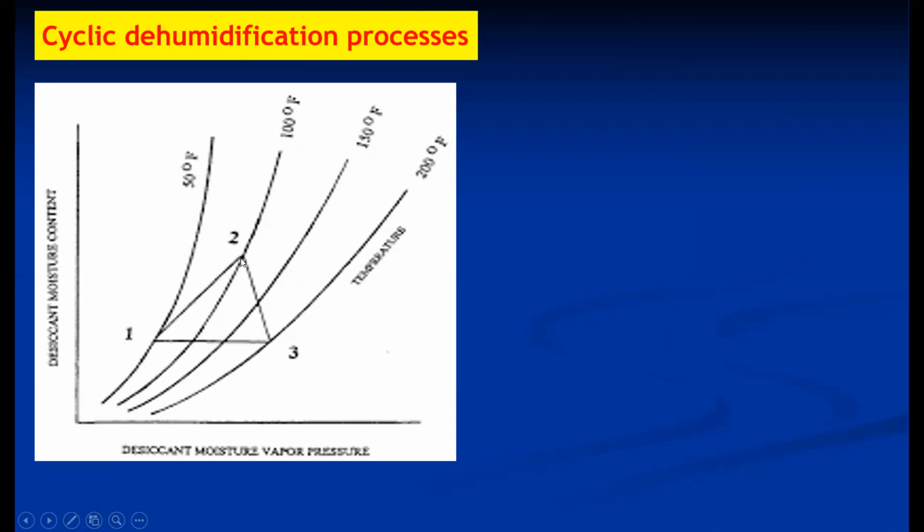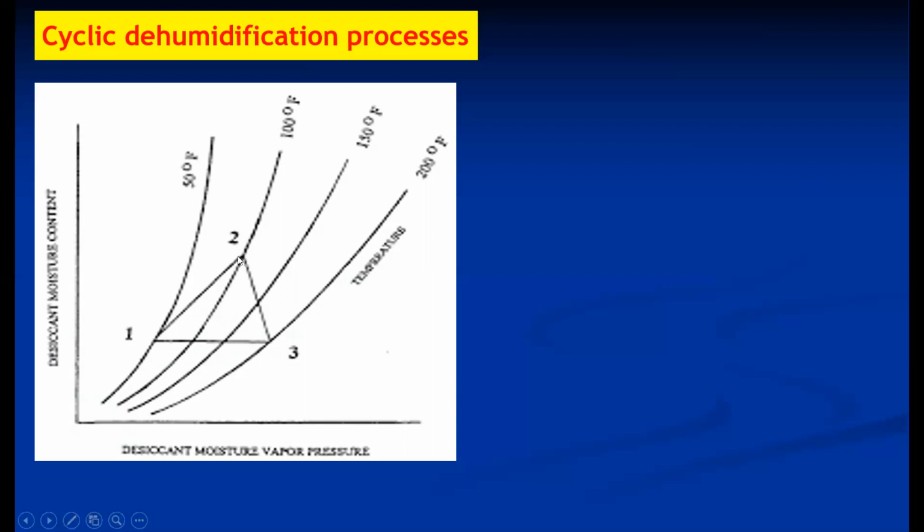Then once it reaches the saturation level, when this material is exposed to the high temperature airstream, it gives up that moisture to that high temperature air, because high temperature air has a low vapor pressure as compared to the desiccant.